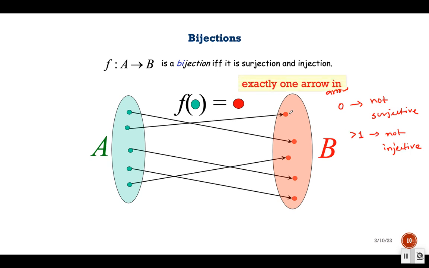So there is going to be exactly one arrow to every element of B. And from the function definition we know that every element of A has to be in the function. In this relation, if the function is bijective, the number of elements of A is going to be exactly the same as the number of elements of B.